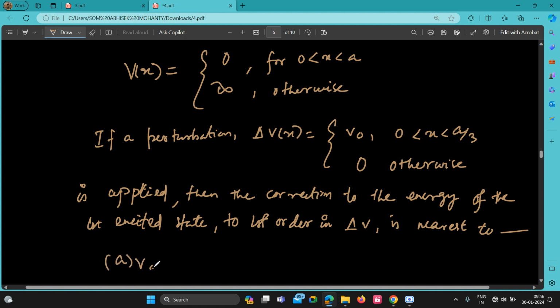Option A: V naught, option B: 0.16 V naught, option C: 0.2 V naught, option D: 0.33 V naught. Try this question.